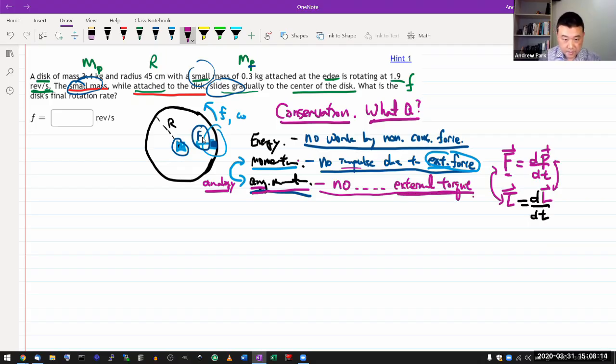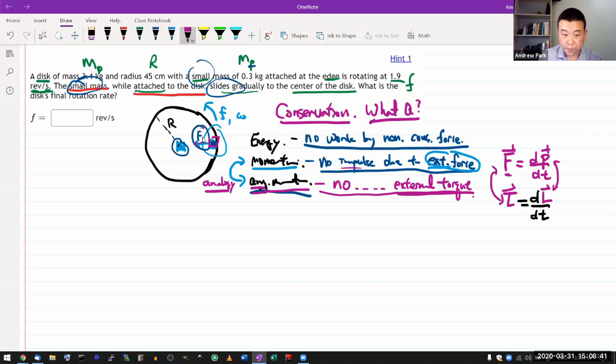So as this mass is sliding inward, it's going to be interacting with the disk. So there will be some kind of torque on the disk, and some kind of torque on the mass. But those torques are internal torques. They are connected to each other through Newton's third law. The action-reaction torques are going to be equal in magnitude, and they'll cancel each other out.